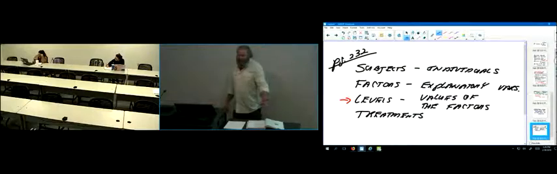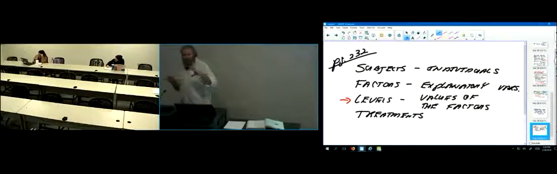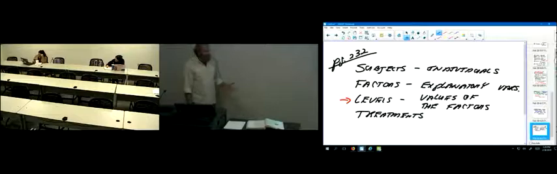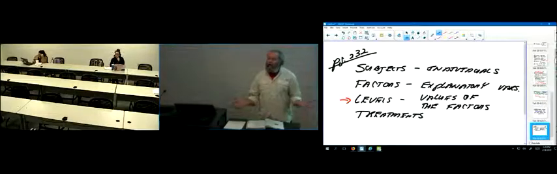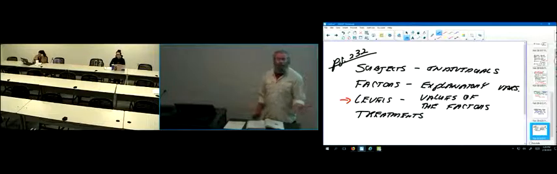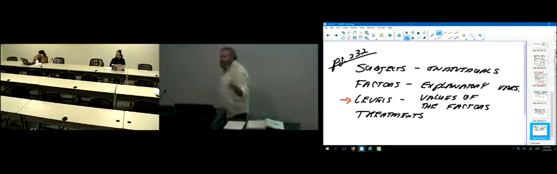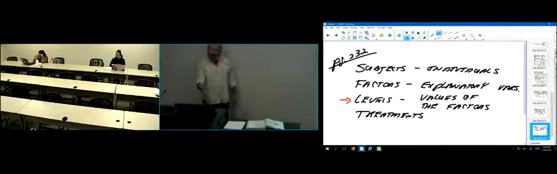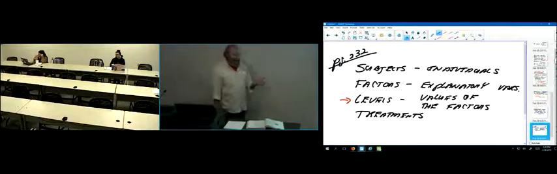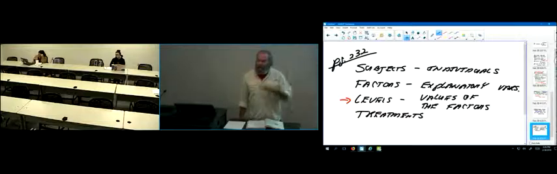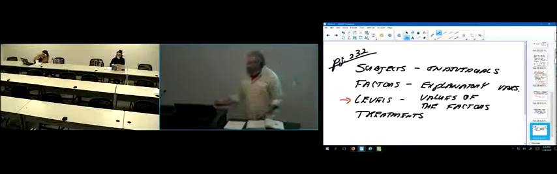For example, back to my little video game, right? The explanatory variable there is playing video games. What were the different levels? None, less than 3 hours per day, more than 3 hours per day. So I took my one factor, playing video games, with its 3 levels, and I end up with 3 treatments.